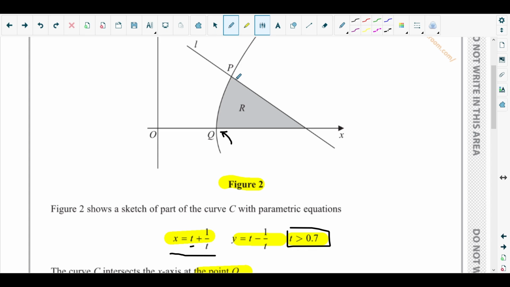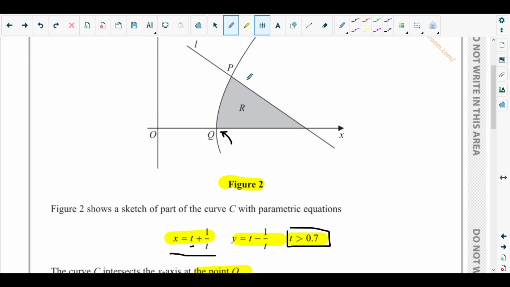At first let's figure out how to approach this integration. Look at the region R. It's a bit complex, because the region R is a combination of two equations, right? Line L and the curve C. So we will divide this region into two parts.